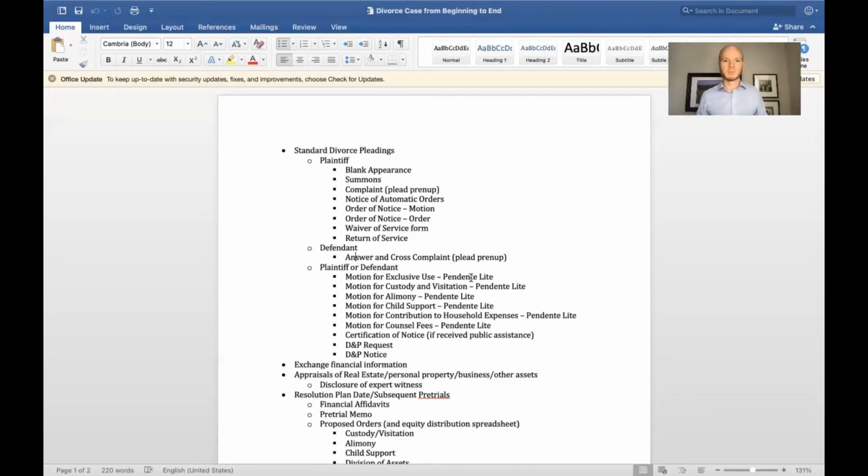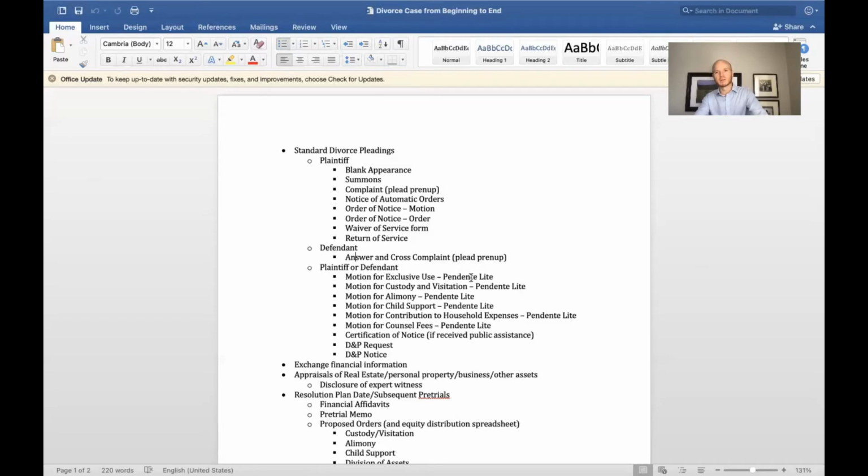So one example is a motion for exclusive use of the house, Pendente Lite, and that's basically saying, hey, I feel that my spouse should be ordered removed from the house by the judge so that I can live there primarily and they live somewhere else while the divorce is pending.